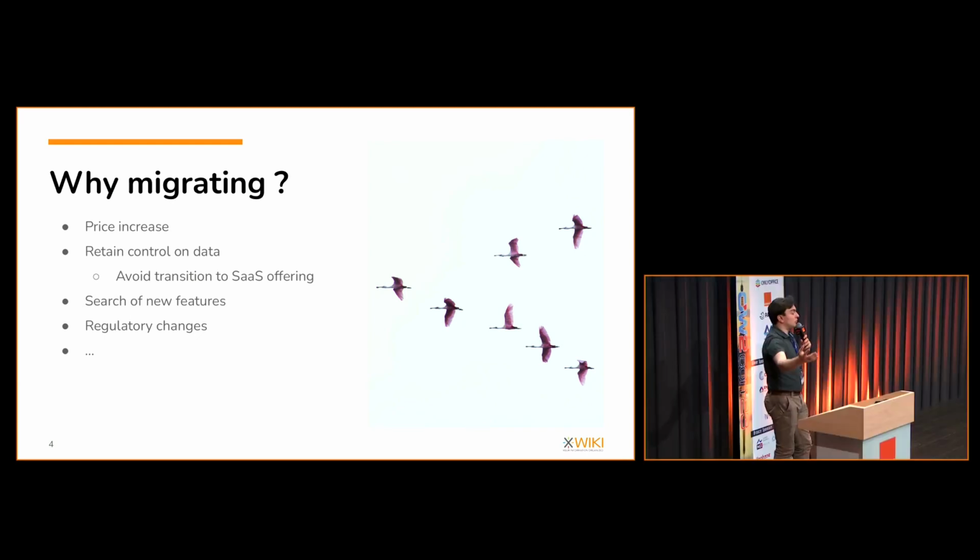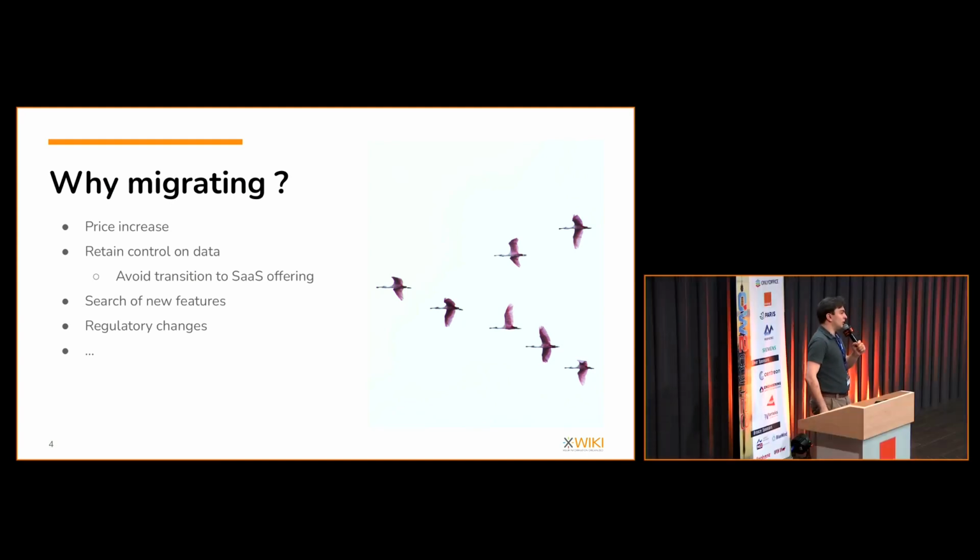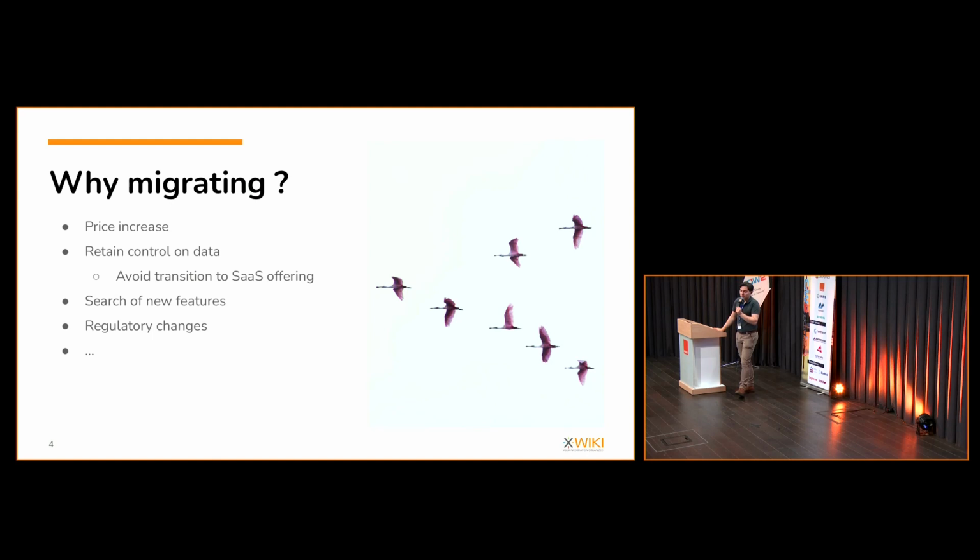So you may want to migrate because you don't want to have that much of a price increase. Maybe to retain control of the data, you don't want to be forced to be hosted on the cloud. And maybe also because you want new features, or for some reason your country is banning tech that can be owned by companies based in other continents, let's say.